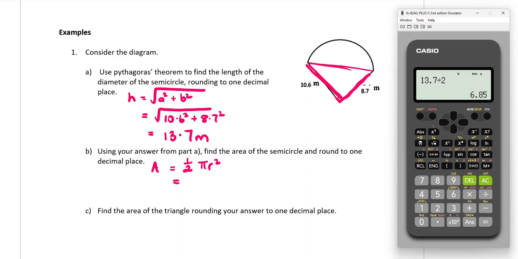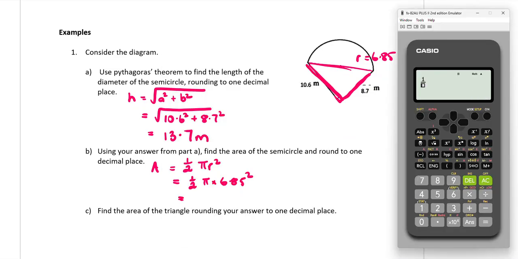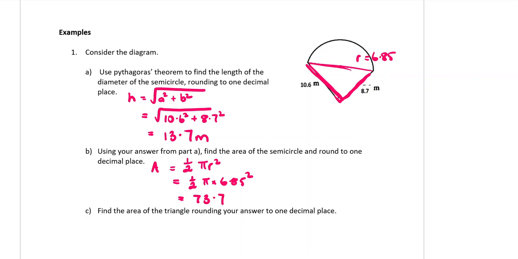If we divide that by 2, we have 6.85 as the radius. So it's half times pi times 6.85 squared. Let's type that in. Half times pi times 6.85 squared gives 73.7 meters squared for the area.